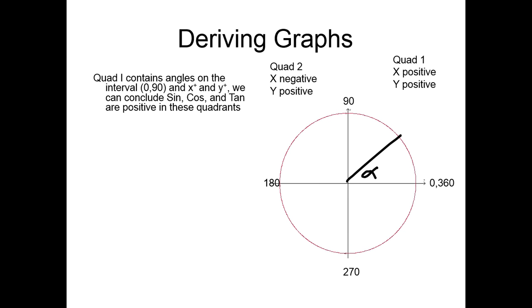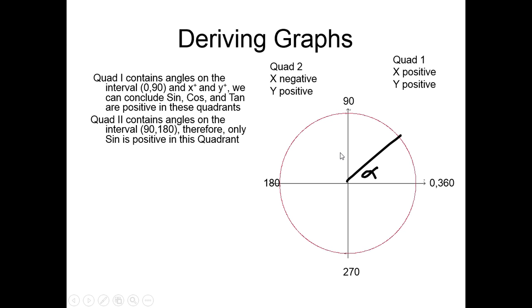Quadrant 2: any point in quadrant 2 has x negative and y positive, and is determined by an angle of rotation between 90 and 180. So x is negative, implying that the cosine is negative.